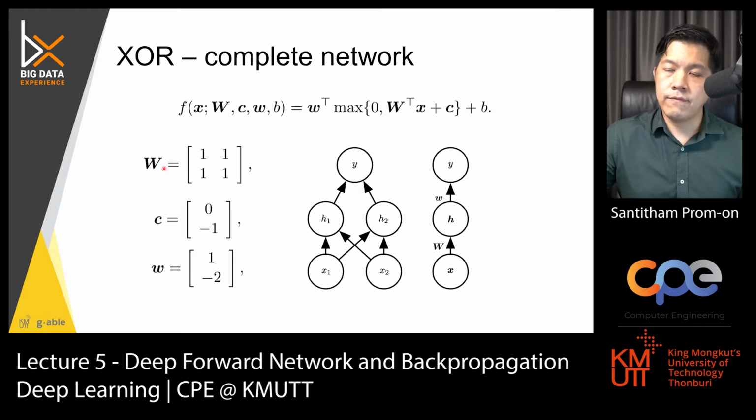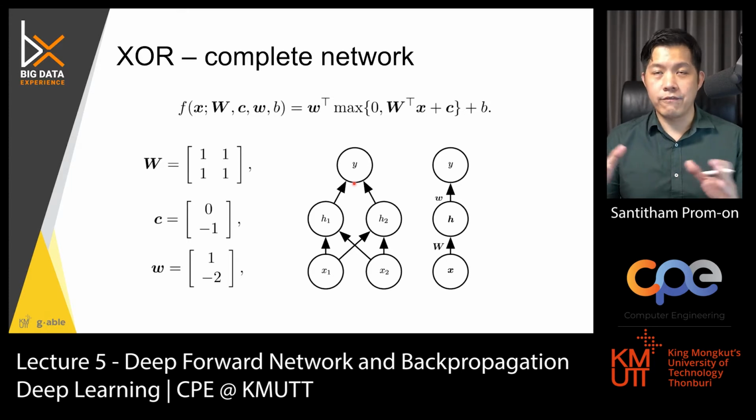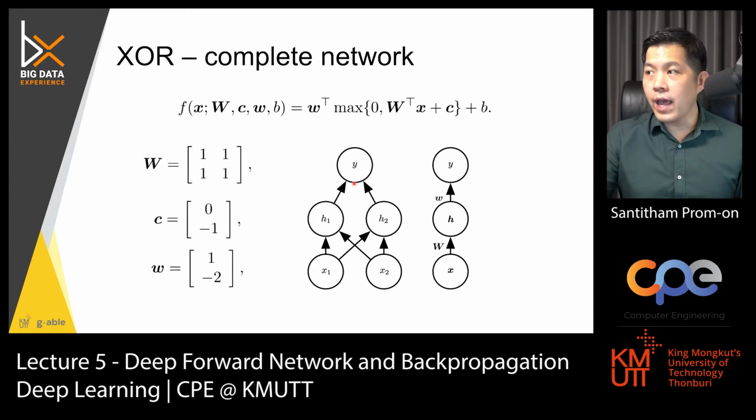Let's say we have W as a matrix of 1s. C, which is the vector computed during the hidden layer, has the values 0 and minus 1. W for the output layer has the values 1 and minus 2.